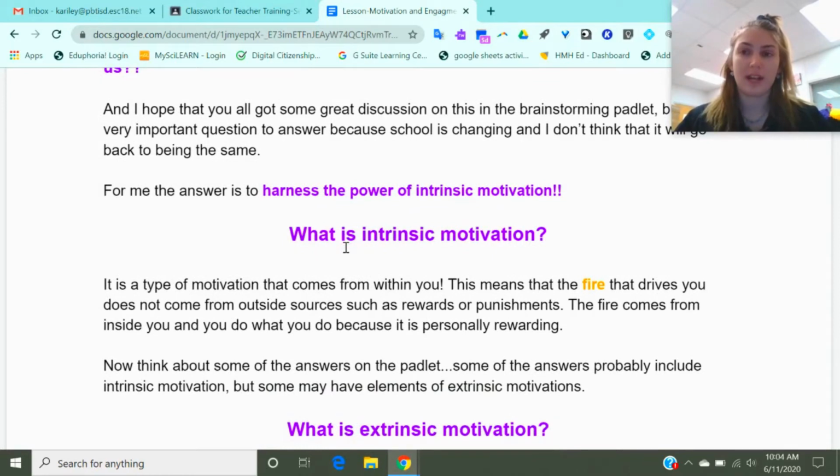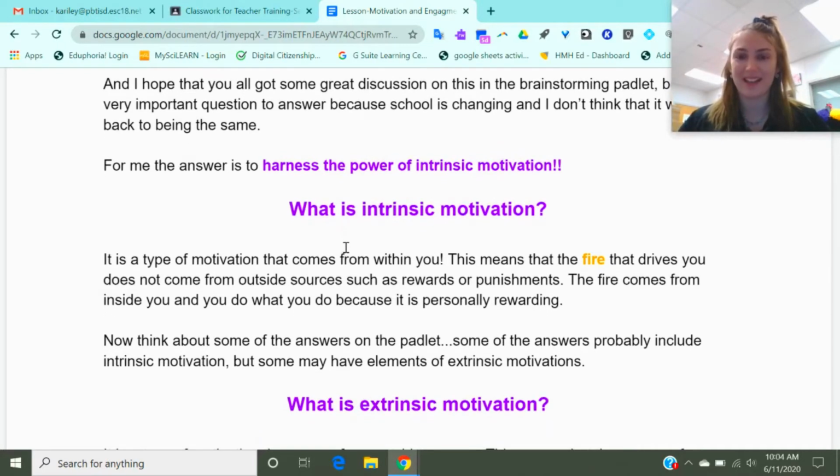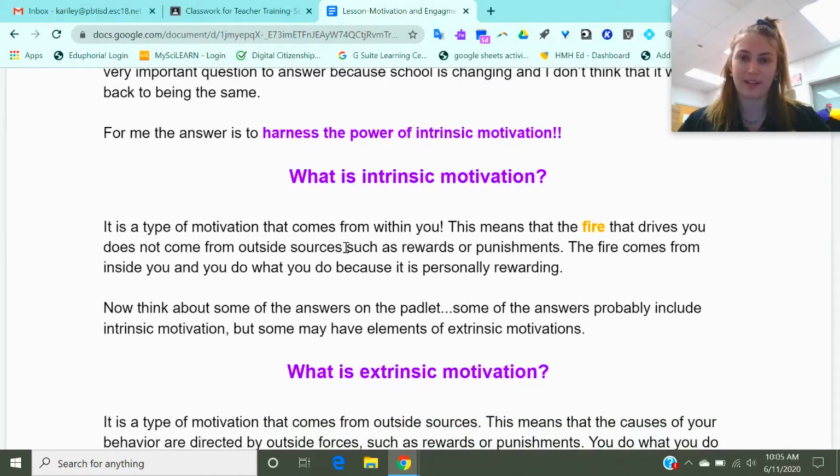Okay, so to answer this question, I really think that now we have this great opportunity to harness the power of intrinsic motivation. So you might be thinking, what is that? And maybe you've heard of it before, but if you're not familiar with it, I'm going to explain it.